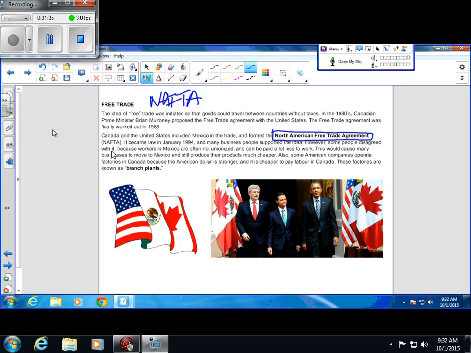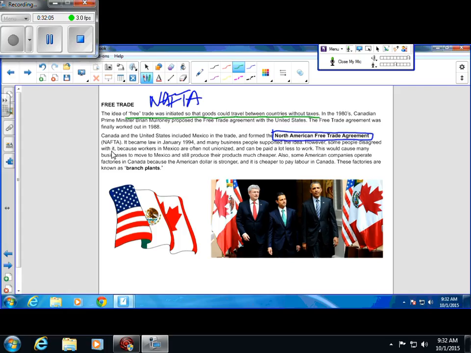So basically what it means is that there can now be free trade. You could trade goods and supplies between Canada, Mexico, and the United States without having to pay taxes. I'm going to put that in one line. Basically, free trade, you could trade goods between countries without taxes.